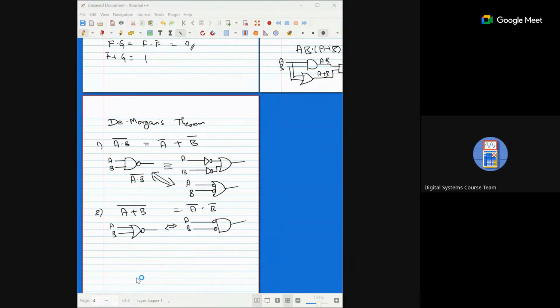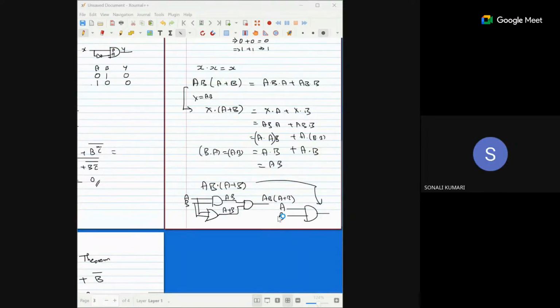Okay, Sonali Kumar, do you have any question? Yes, I have a question regarding the previous one, removing the... yes, sir, this one. Removing a logic gate, how does it impact devices? I mean, how are both equal? No, sir, that I understand.